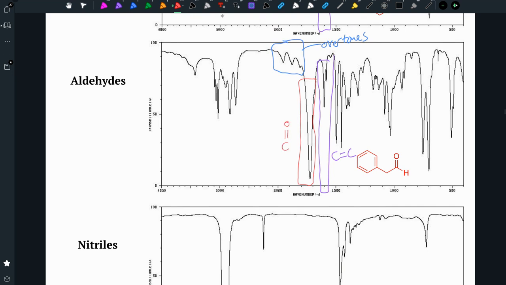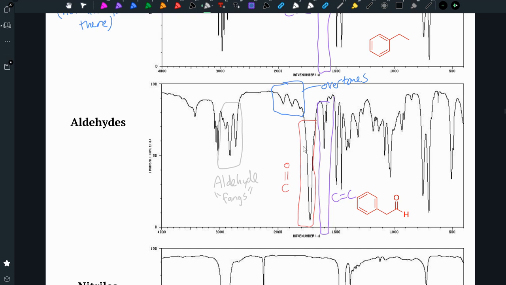And one more thing you've got is those aldehyde fangs. So the carbon double bond to oxygen along with the aldehyde fangs tells me it's an aldehyde, and the carbon-carbon double bond with the overtones tells me that it's a benzene ring.